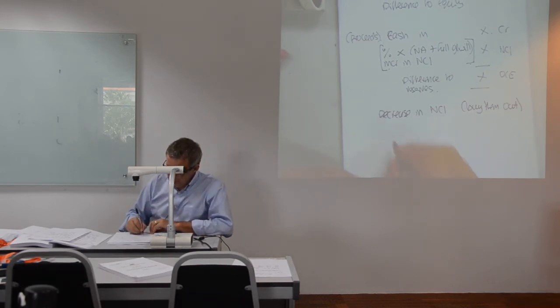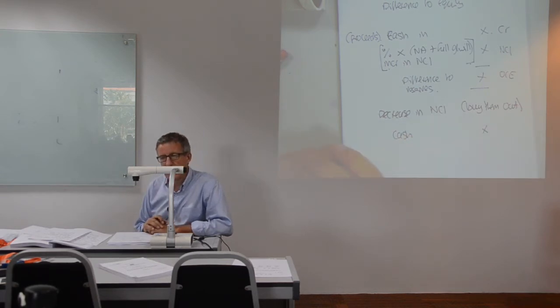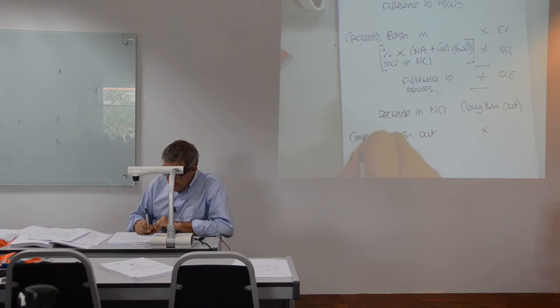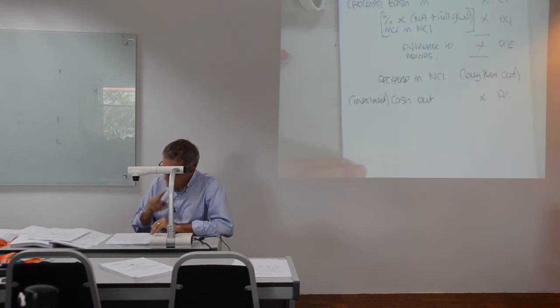So when there's a decrease in the NCI, there's also the cash. But is that cash in or cash out? Cash out, yeah, that's cash out. So that's in the nature of an investment. And that's going to be your debit. And then you've got a fraction of the NCI balance.